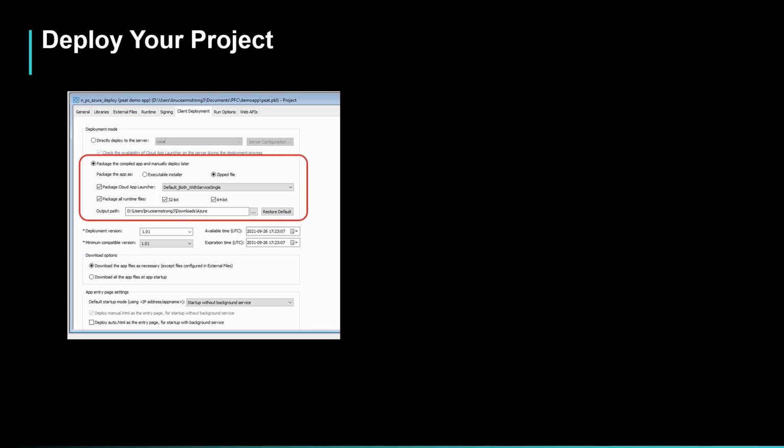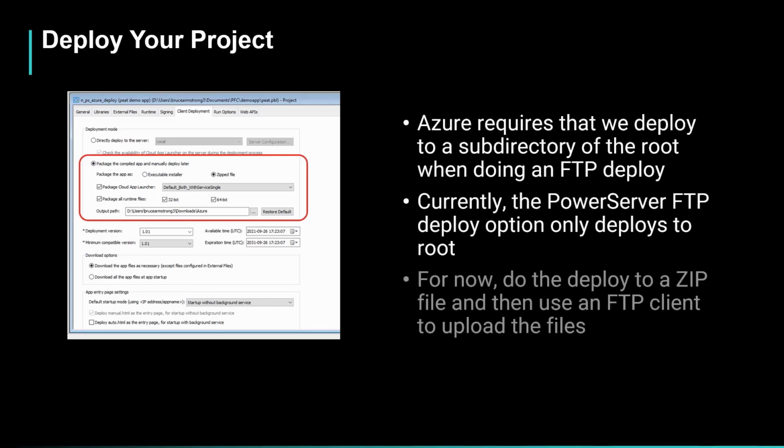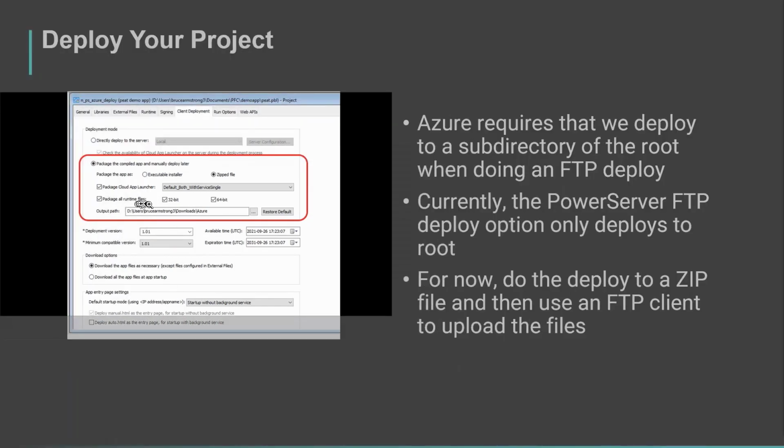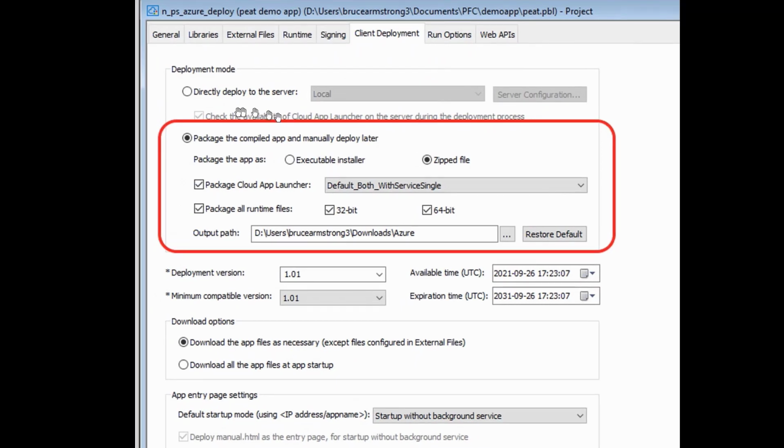Also, I'm going to go into the client deployment tab, and because we're doing this through FTP, we can't connect directly to the server. So what I'm going to do is package this as a zip file and include everything.